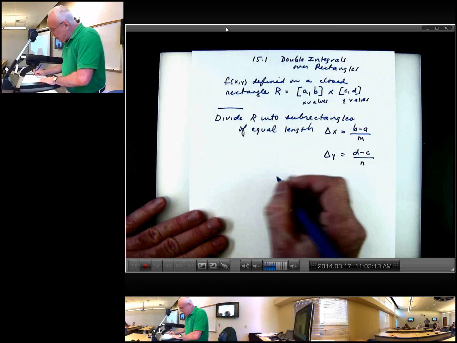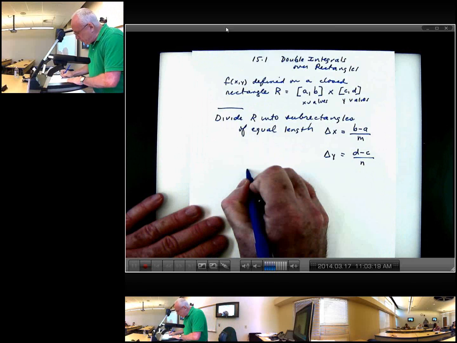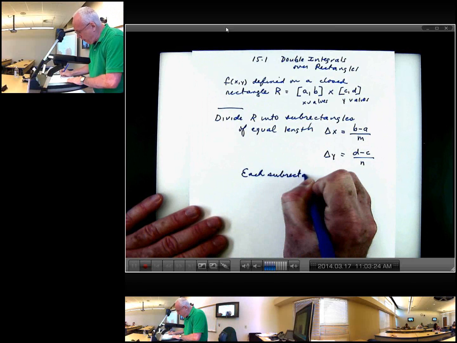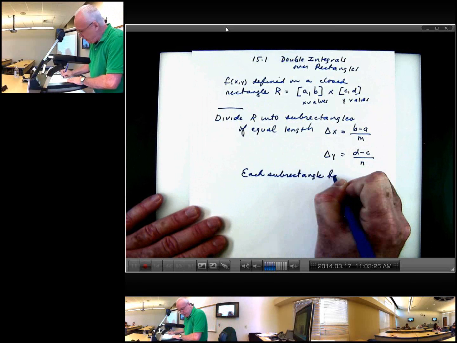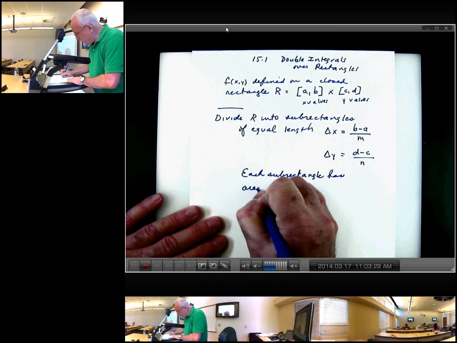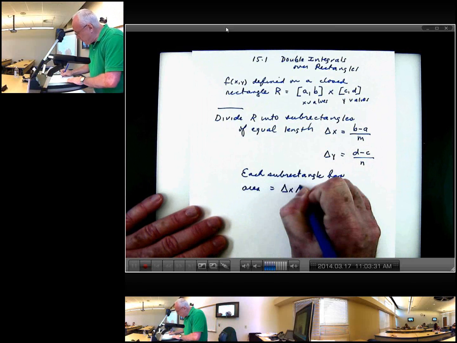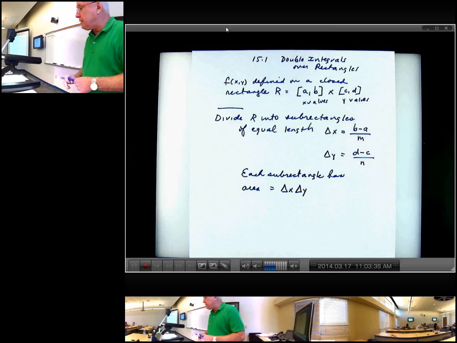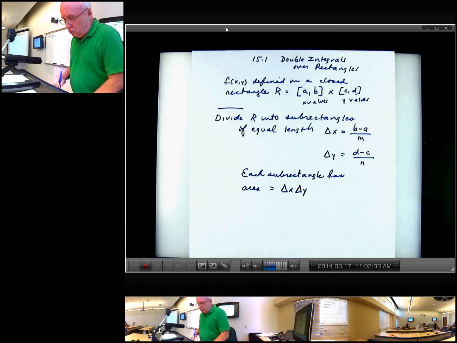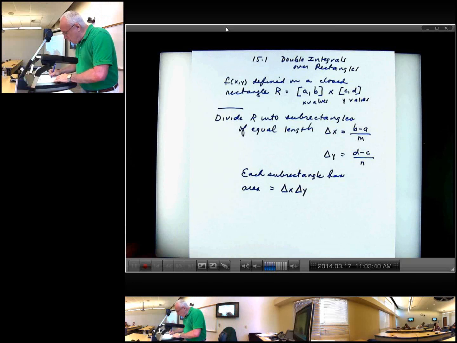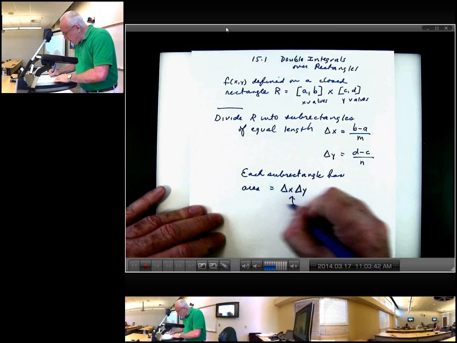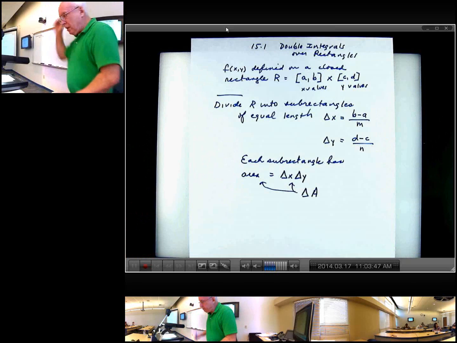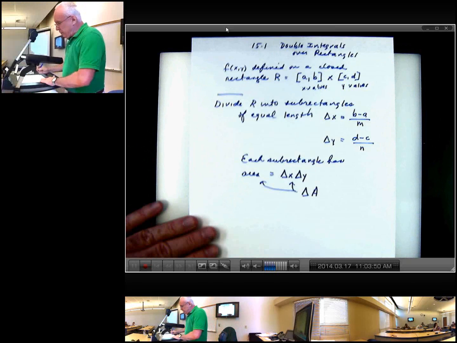Now each subrectangle has area equal to the product of the lengths of its sides, so that would be delta x times delta y. And we're going to call this area by the notation delta A. Okay. And again, I'll show a diagram in just a minute.